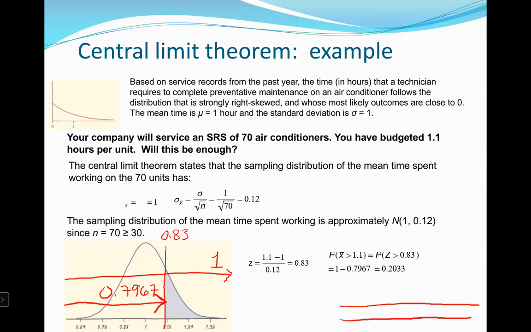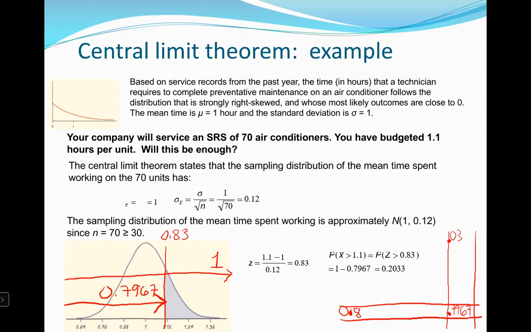So go to table A and look up the z-score, 0.8 on one side, and then you go to the column that lists 0.03, so that your z-score is 0.83. Where those intersect, you'll find the 0.7967.